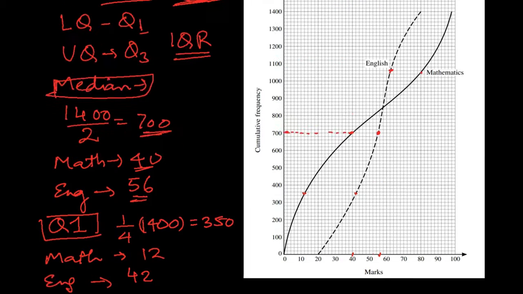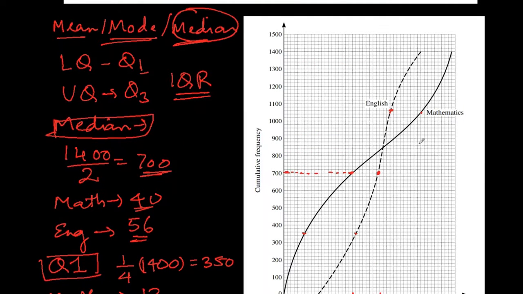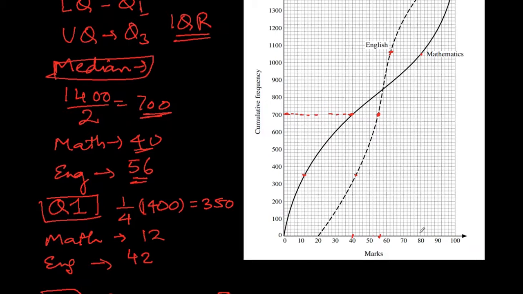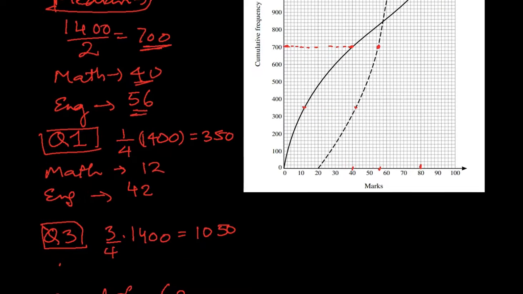What about mathematics? There's a dark line which will be at 80. So the Q3 for mathematics is 80. And now we can find the IQR for math, which will be 80 minus 12.